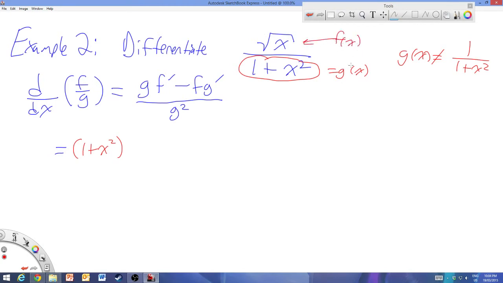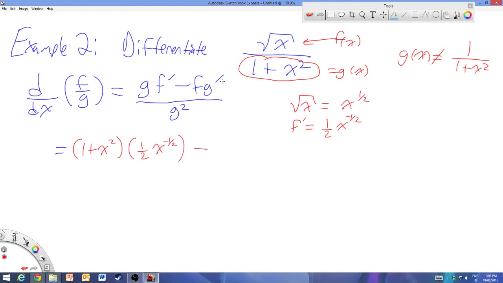So we take the derivative of square root of x. Recall that square root of x can be written as x to the 1/2. So f prime would be 1/2 times x to the, so 1/2 minus 1 is negative 1/2. So this would be 1/2 x to the negative 1/2.